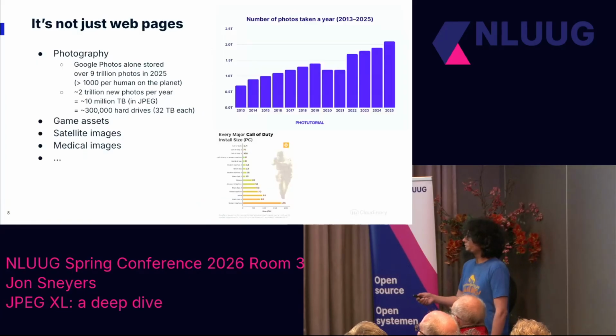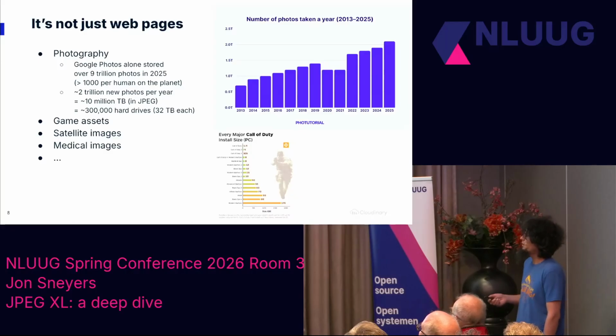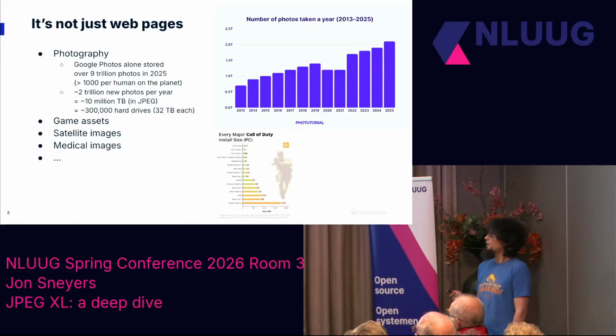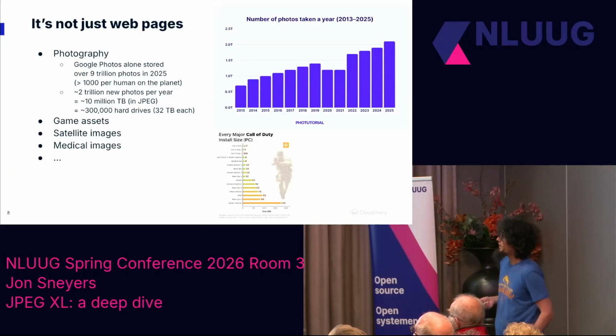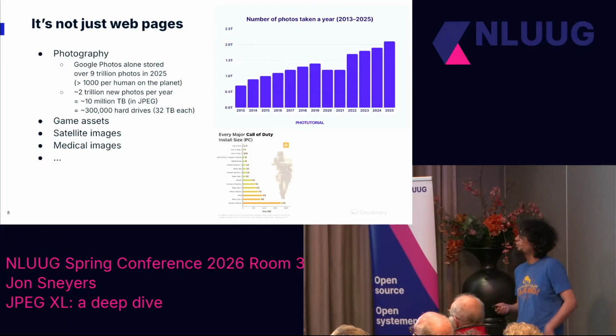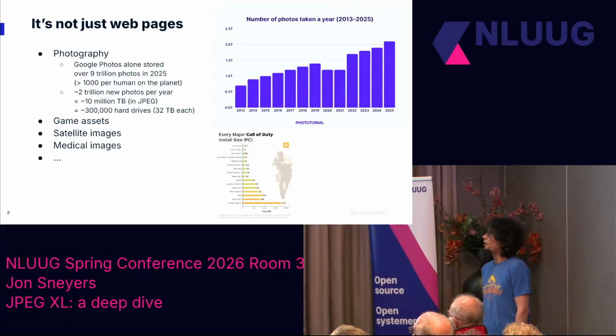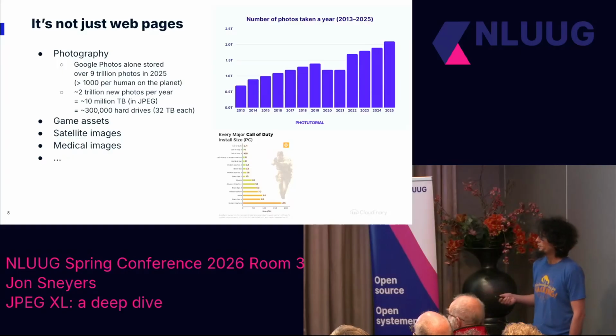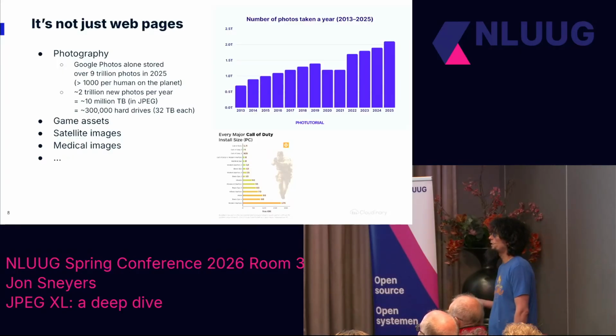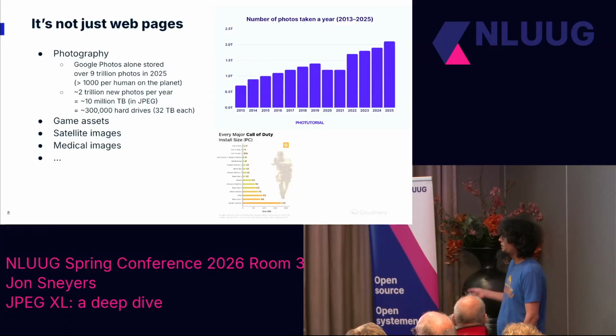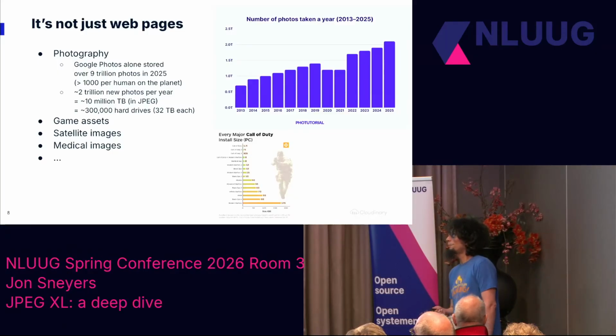It's not just the web, also photography. We are now producing about 2 trillion new photos per year. So that's quite a lot of data. And besides photos, there are also things like game assets, satellite imagery used for all kinds of scientific purposes, medical imagery, cultural heritage, all kinds of things are images.